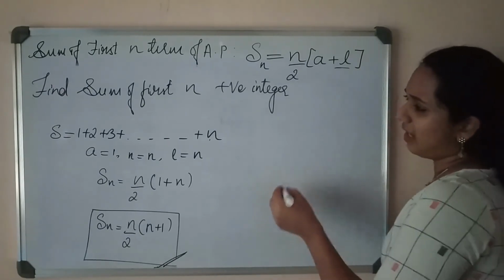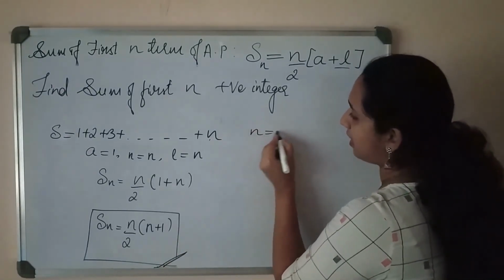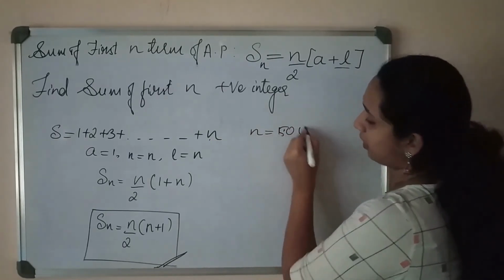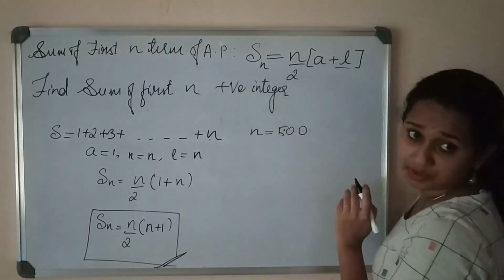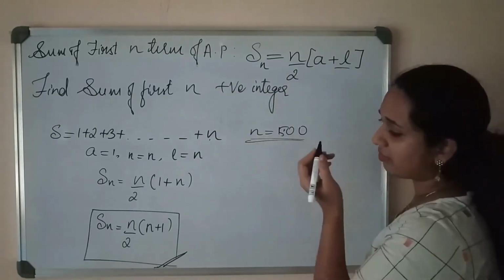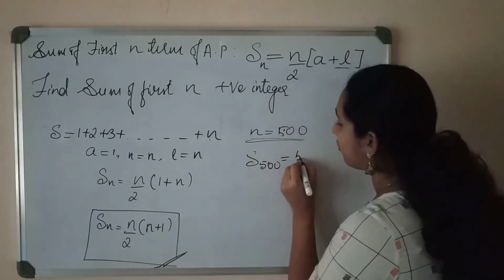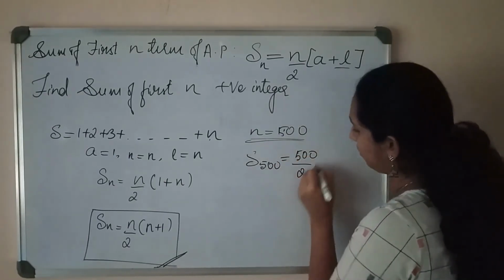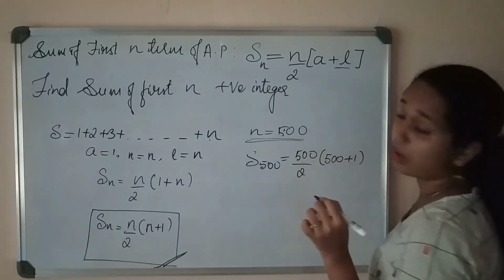Now let's consider it for 500. So they have given n as 500 to me. The question is framed as: find the sum of first 500 positive integers. So n is nothing but 500. S500 is equal to 500 divided by 2 into 500 plus 1.